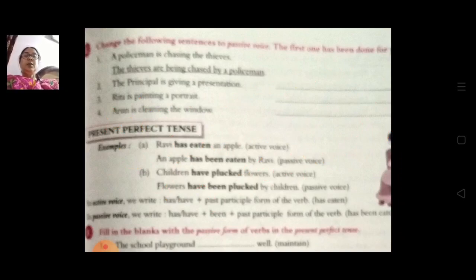Now we are moving to the third one. Rita is painting a portrait.